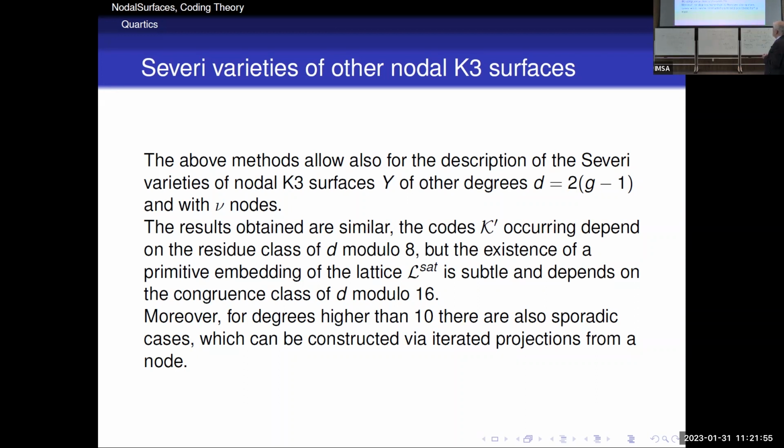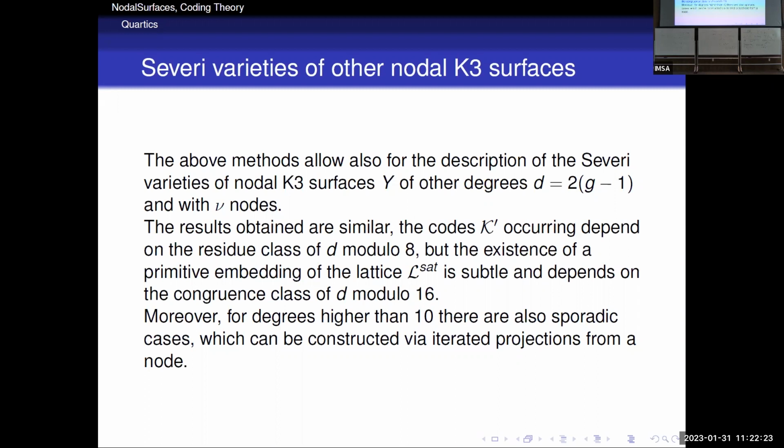And now these codes determine that we have 4 different cases according to the residue class of the degree. The degree is an even number, modulo 8. But here, when you classify the code, you get the lattice, and then you see, does it admit a primitive embedding in the K3 lattice?